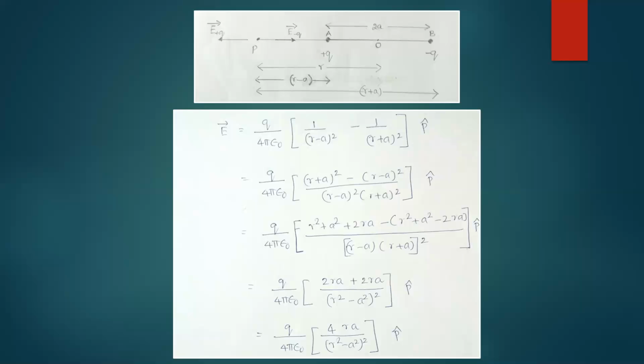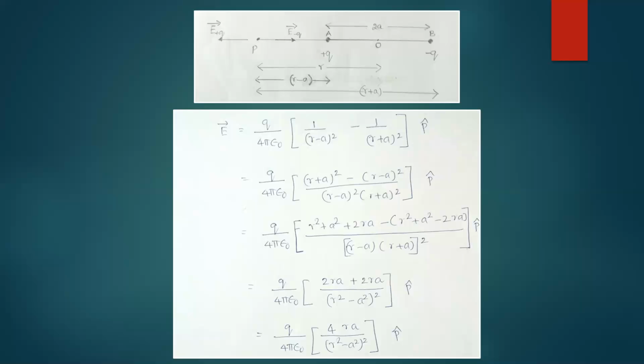Everything keep it in a square bracket whole square. Within the bracket, we can see that in the denominator, it is just like (A plus B) into (A minus B), that is nothing but A square minus B square. Therefore, in this denominator, we get (R minus A) into (R plus A), that is equal to R square minus A square, and whole square.